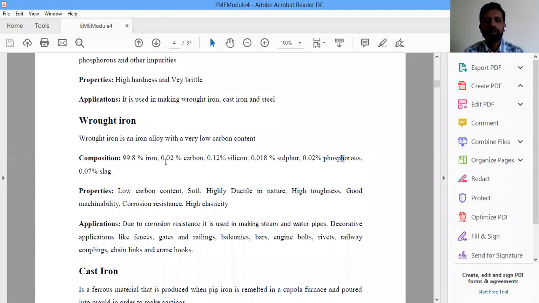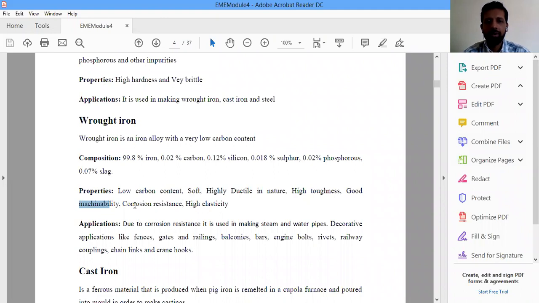Since it has lower carbon and silicon, this type of iron is a little bit soft in nature, ductile, not brittle, toughness is high, and it can be easily machined, it won't be so hard to machine.